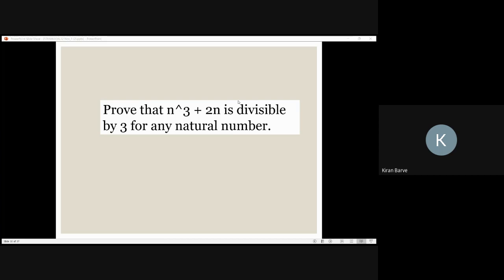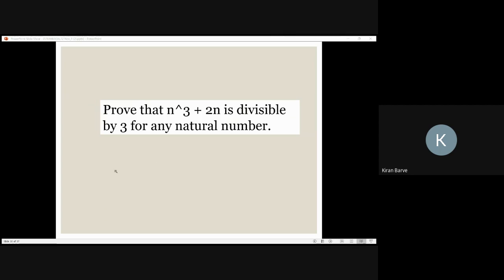So the remainder is 0 means n is divisible by 3. If n is divisible by 3, there is no problem. n cube is divisible by 3 and 2n is divisible by 3. Right. 3 cube is divisible by 3 and 2 into 3 is divisible by 3.